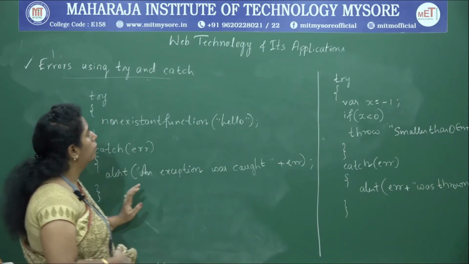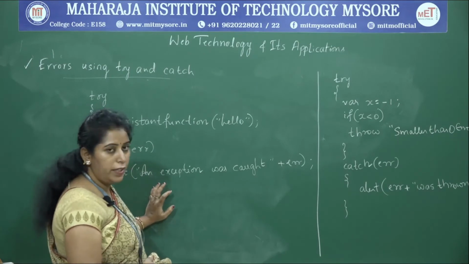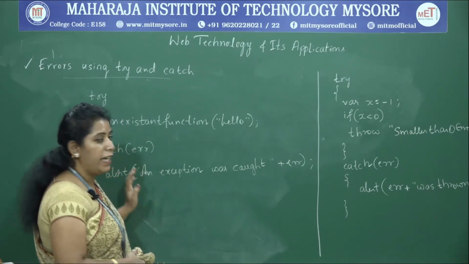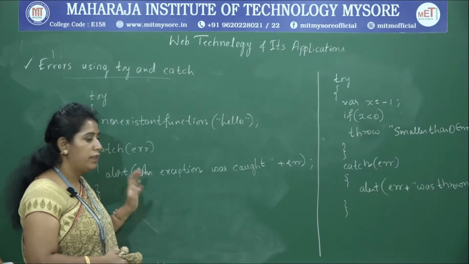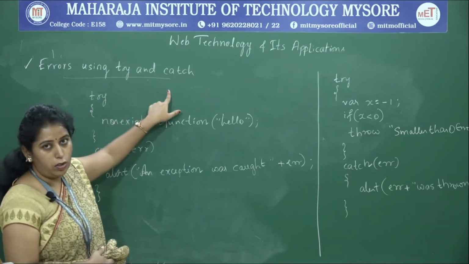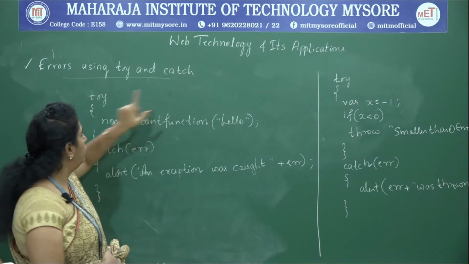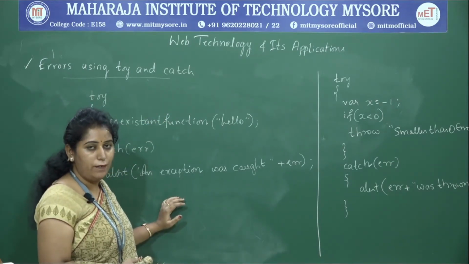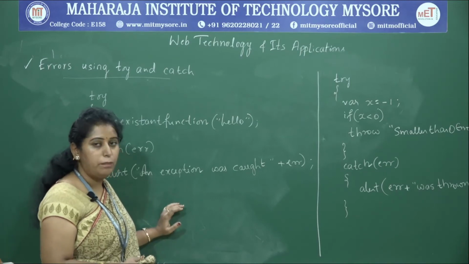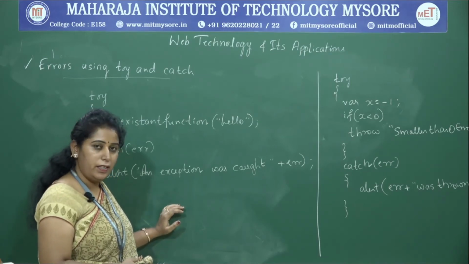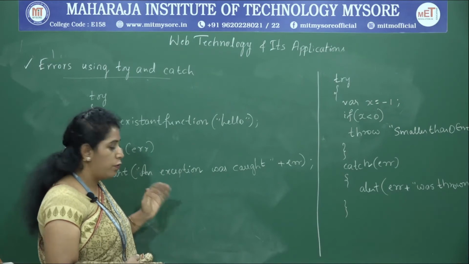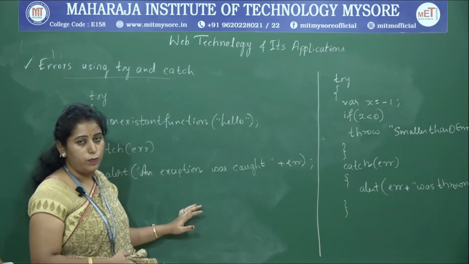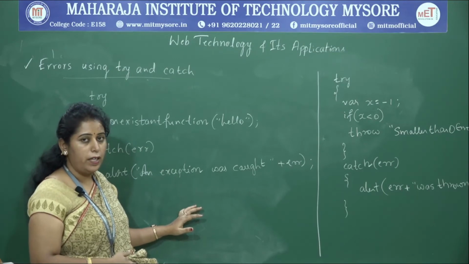Okay, so we can optionally catch these errors using the try and catch block. Try and catch blocks are exclusively used in JavaScript to catch the built-in JavaScript errors. In your program you can define your own throw statements.